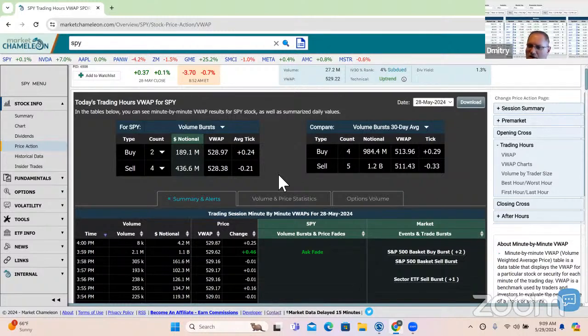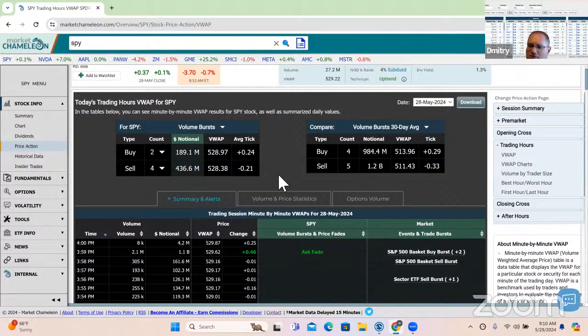So we see a little bit of the trading volume slow down in the middle of the day, and then the last hour of trading starts to tick up, and even the first couple minutes or last couple minutes, you also see a different volume profile, and this takes it into consideration based on time of day. The volume bursts are looking for an unusual trading volume for that specific minute in a very short period of time.